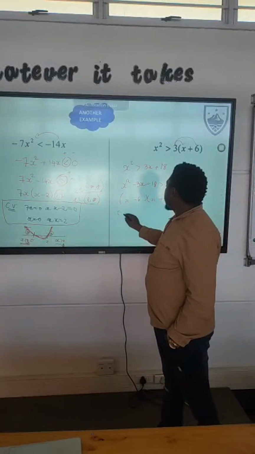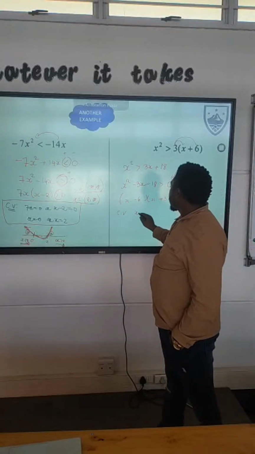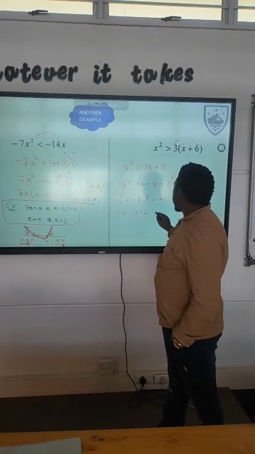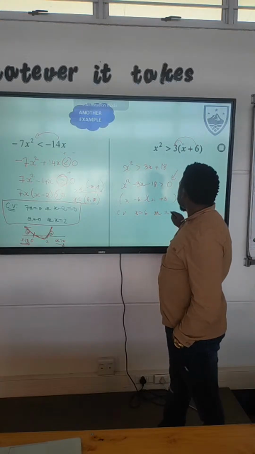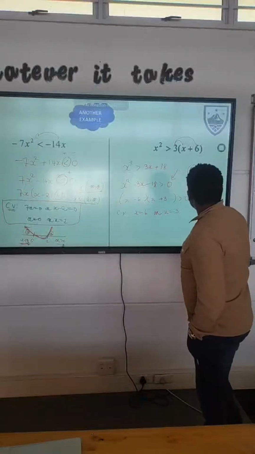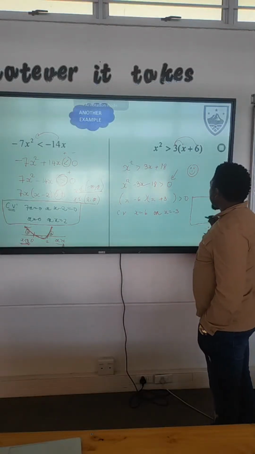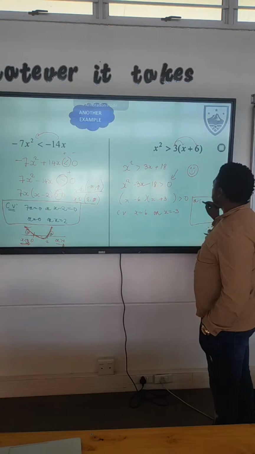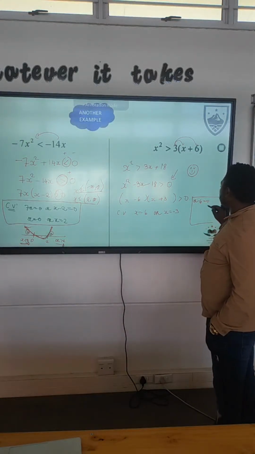Then we go to the CVs and we are saying x will be equal to 6 or x equal to negative 3. This is what is happening when you go to the CV. We are not saying it's equal to 0, we are just equating to 0 to get the critical values.